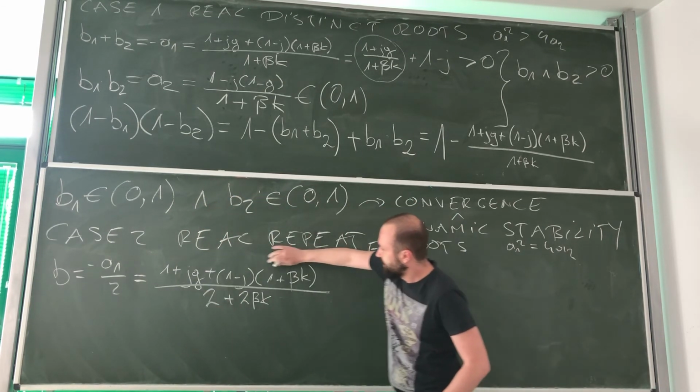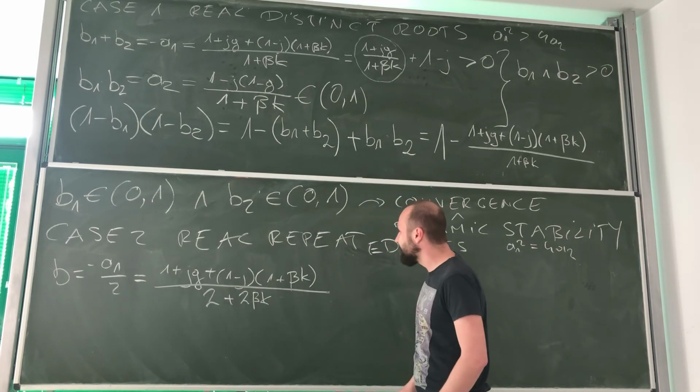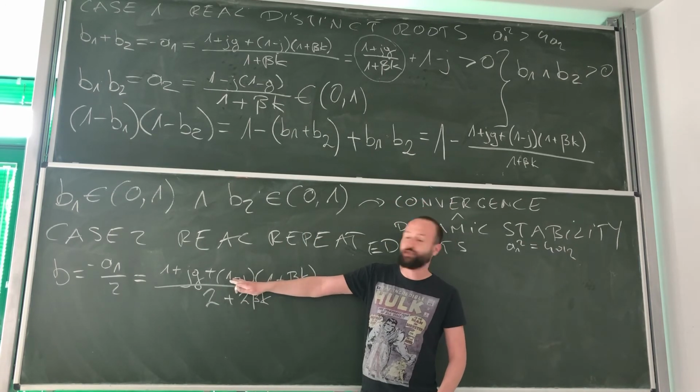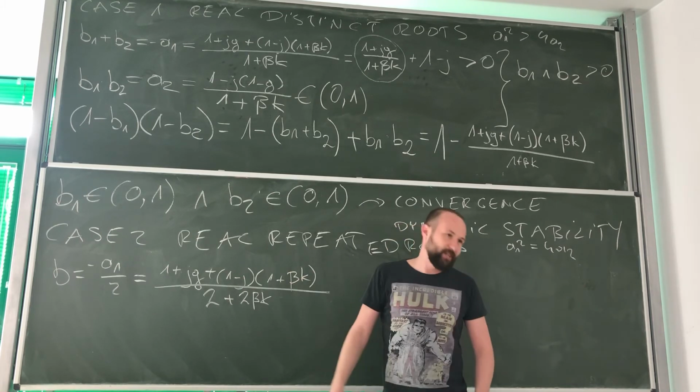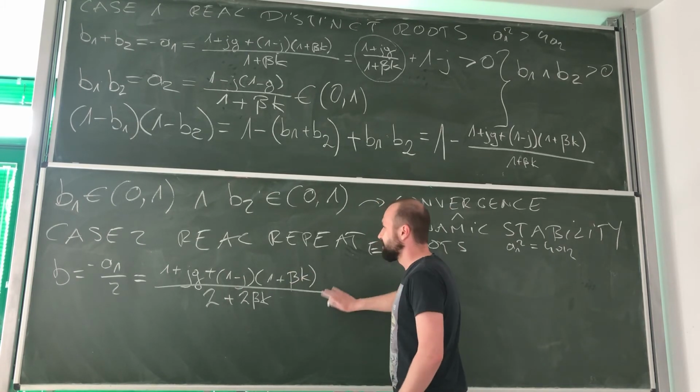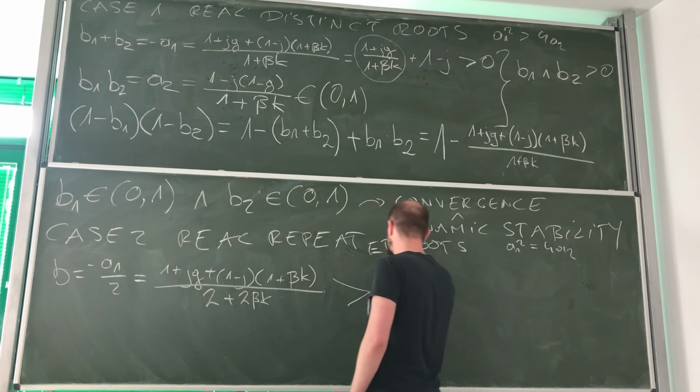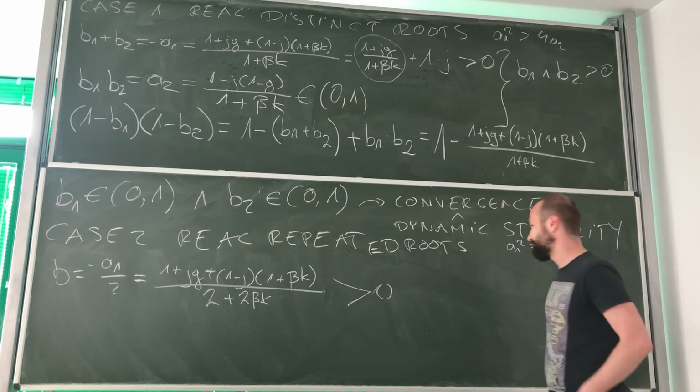And look, all the components here are positive, of course under the assumption that J is between 0 and 1, so we can be sure that this expression is positive.